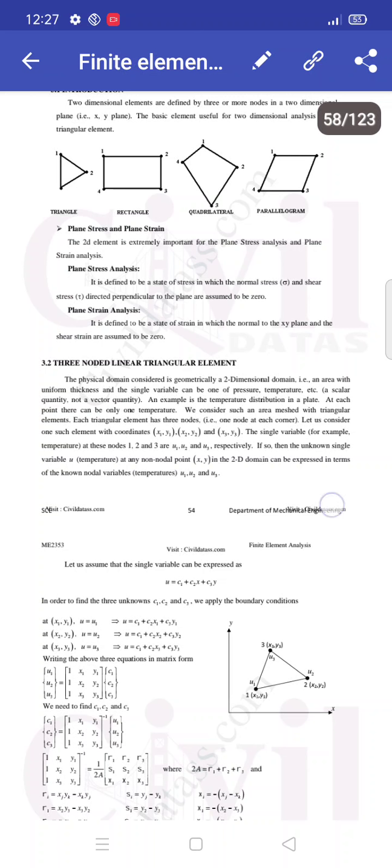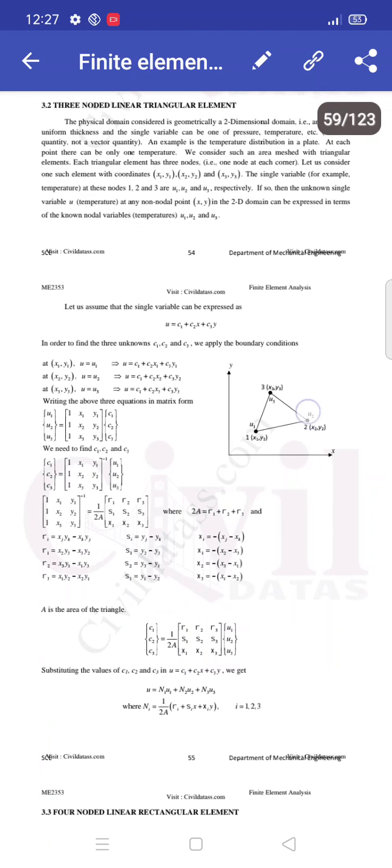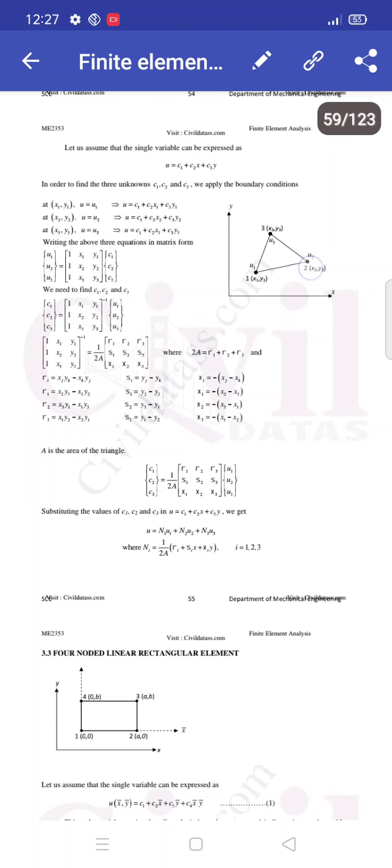Let us assume the single variable can be expressed as u is equal to c1 plus c2x plus c3y. In order to find the three unknowns c1, c2 and c3, we apply the boundary conditions. At x1, y1, u is equal to u1, so u is equal to c1 plus c2 x1 plus c3 y1.